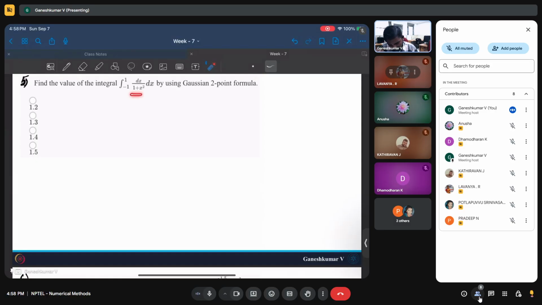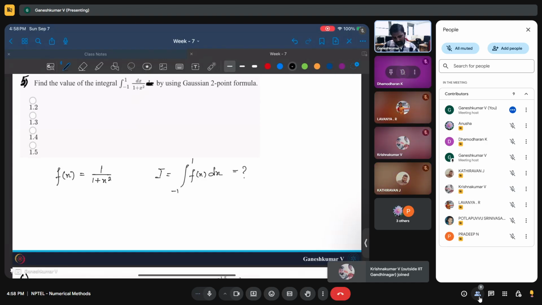Sorry, I think there should not be another dx. So the function is 1 by 1 plus x squared. Let me write that down: f of x is 1 divided by 1 plus x squared, and the integral is from minus 1 to 1 of f of x dx. This is what we need to find out.